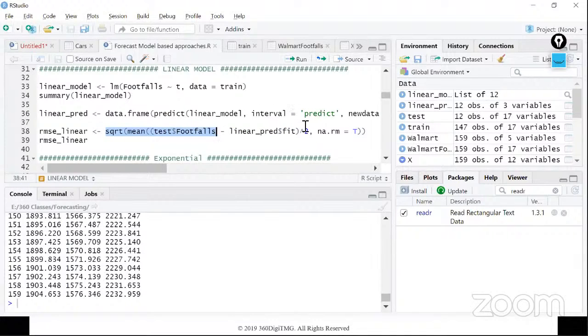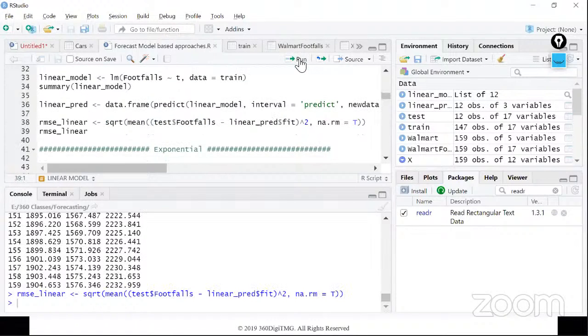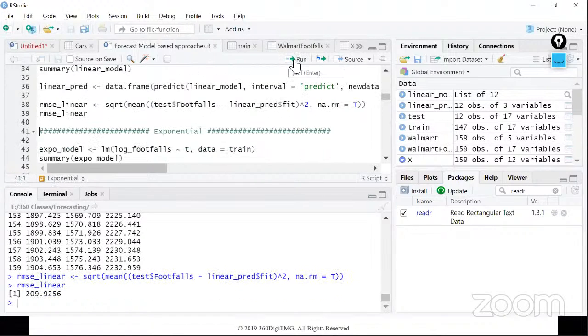Na.rm is equal to true simply stands for: if there is an NA value, do not include it. Then I run the RMSE. The RMSE is equal to 209, meaning so much error. Now, how do I interpret 209? I really cannot do that.